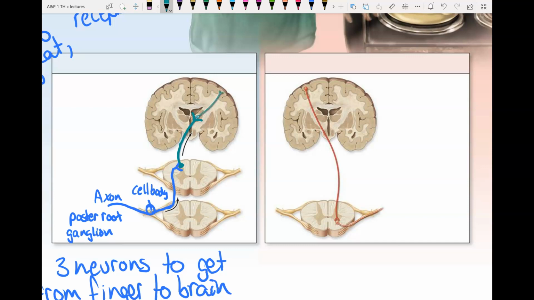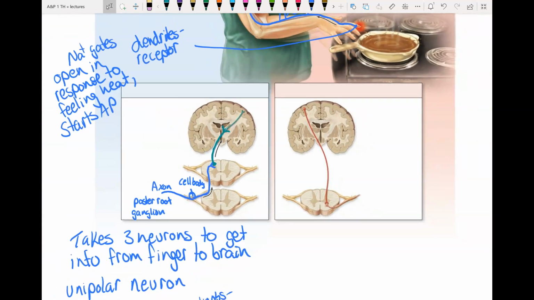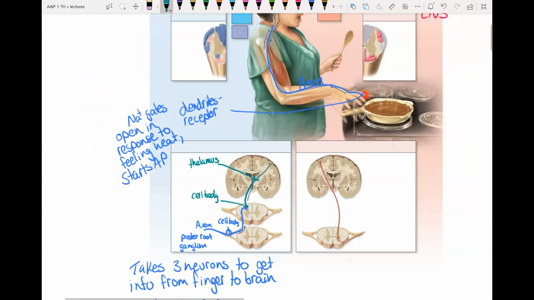And we go to the thalamus. So right here, you have your cell body. It's receiving that neurotransmitter, starting an action potential, and you go up to the thalamus of the brain. Remember, the thalamus is where your incoming sensory information comes into.